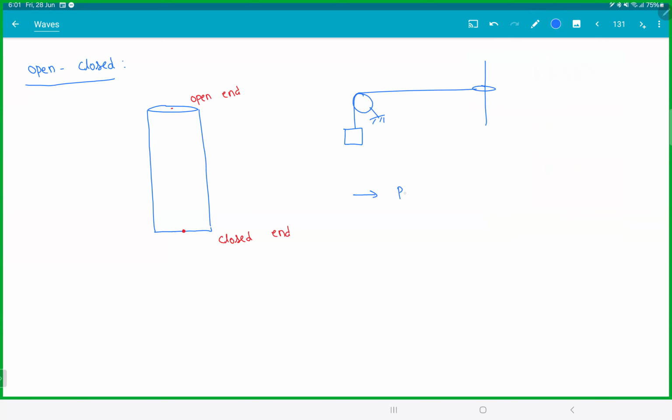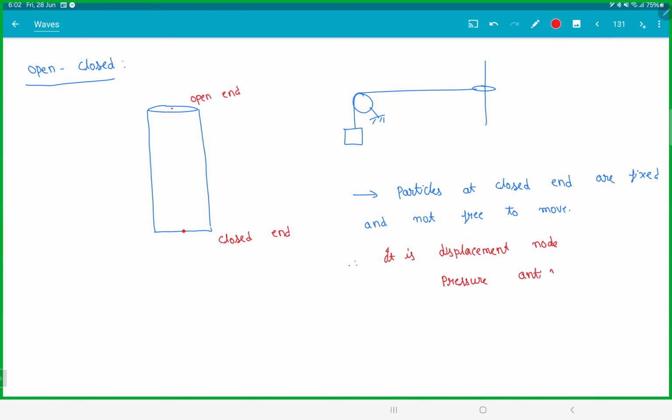The particles on the container are not free to move. Therefore, it is a displacement node, but it is a pressure antinode. If you study in terms of displacement, that's a node. If you study in terms of pressure, it's an antinode.